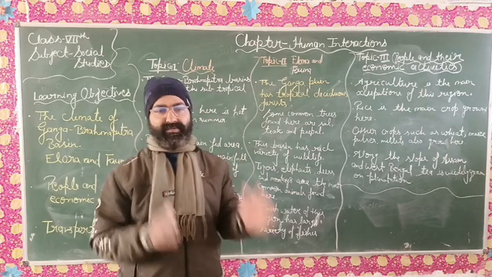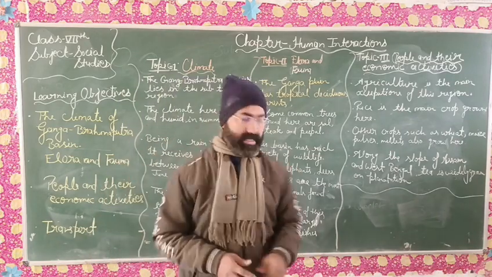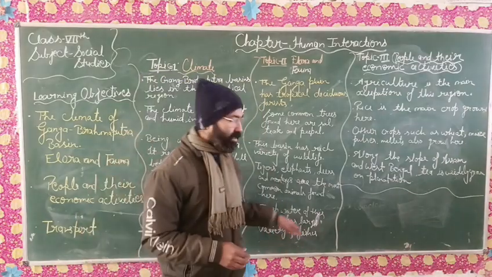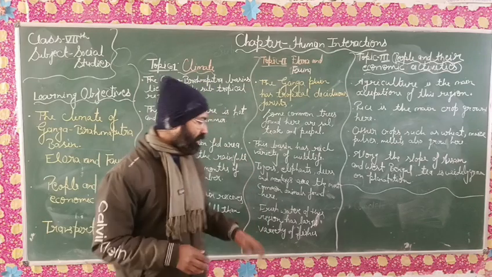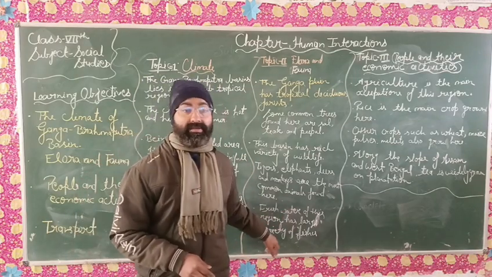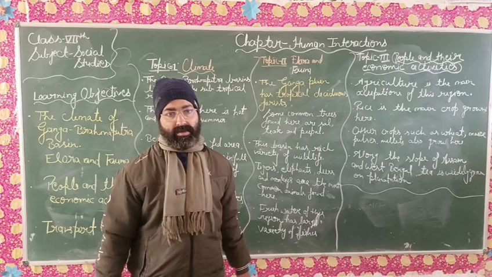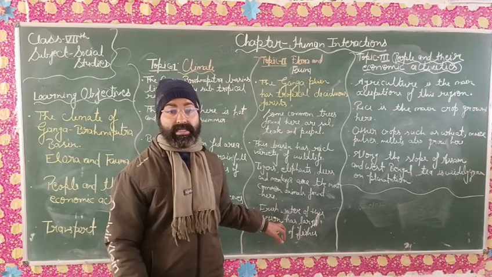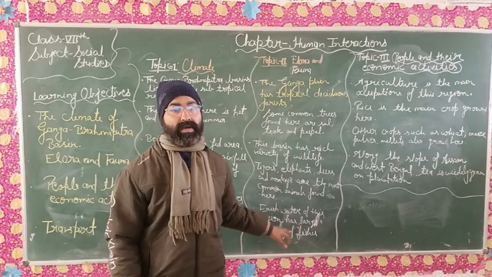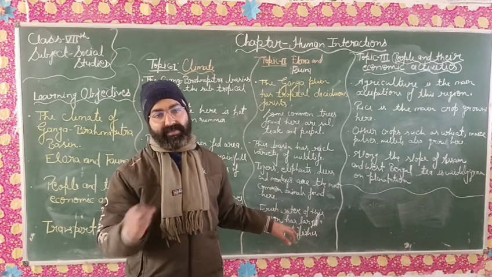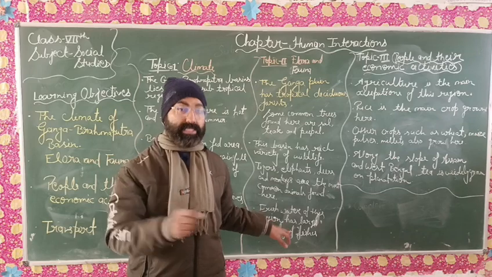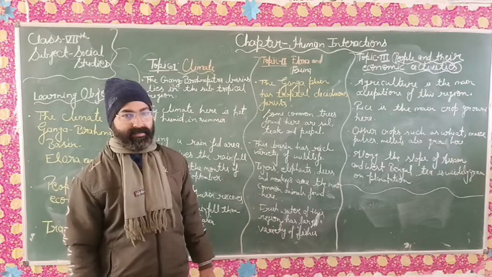Rice and fish are the staple food of the region nearer to the Ganga Brahmaputra basin, because they get these things easily and these things are produced in plenty. That's why rice and fish is called the staple food of this region.